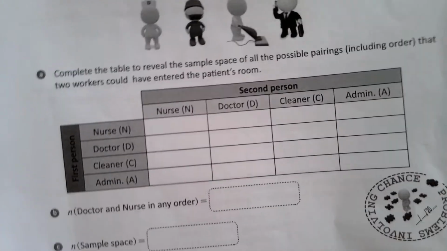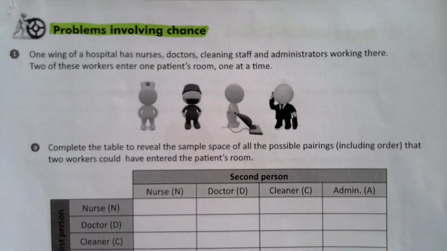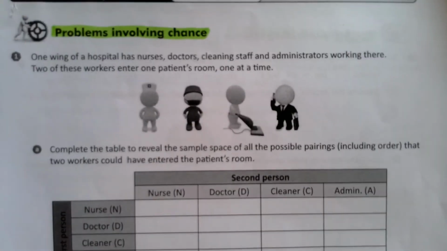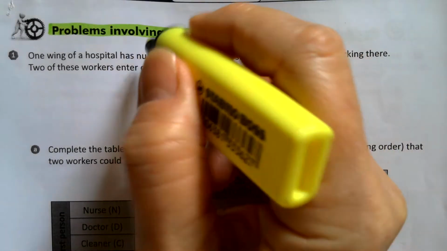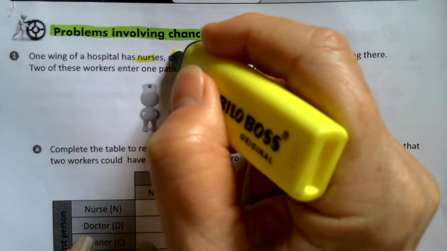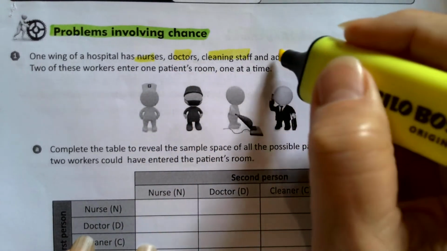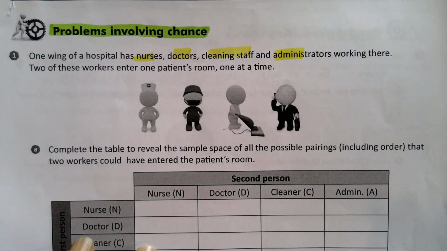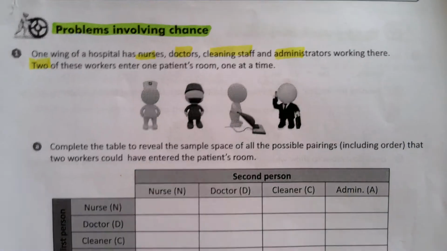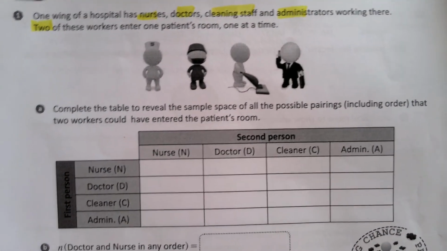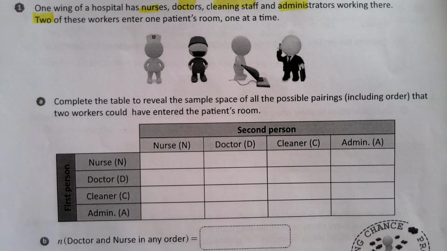Okay, back to our questions. Question 1. Now let's have a look. One wing of the hospital has nurses, doctors, cleaning staff and administrators working there. 2 of these workers enter one patient's room one at a time. So let's do a sample space first. We need to complete this table.